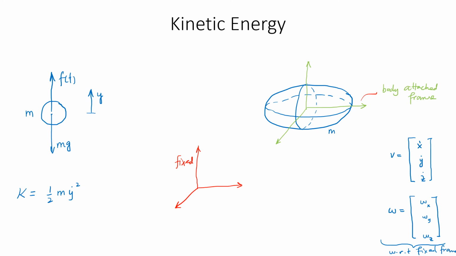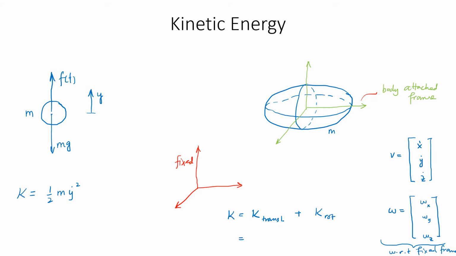Now, it would mean that obviously there is going to be a somewhat refined expression for kinetic energy. And that is going to have 2 components in it. One portion corresponds to the translational part of the kinetic energy, and the other corresponds to the rotational part.